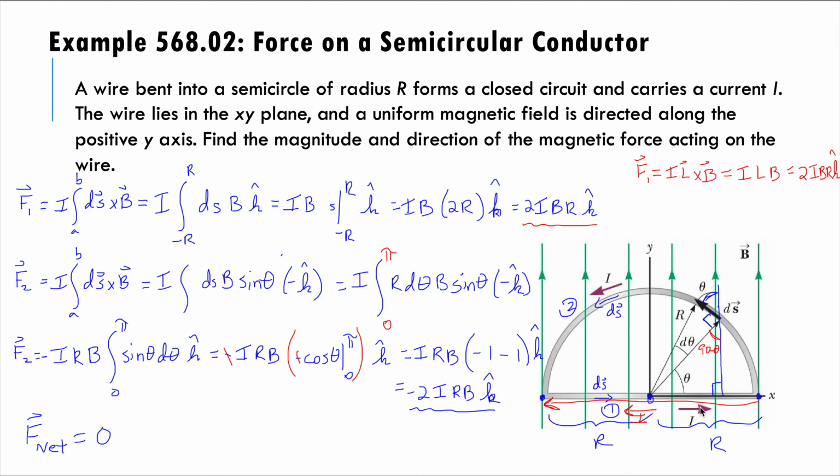The force on this straight current wire going to the left would be negative 2 IBR in the k direction. So that is our second important result. The force on a curved segment is the same as the force on a straight segment that carries the same current and connects the two endpoints. Keep this in mind because it can make solving problems a lot easier if you know these two tricks.